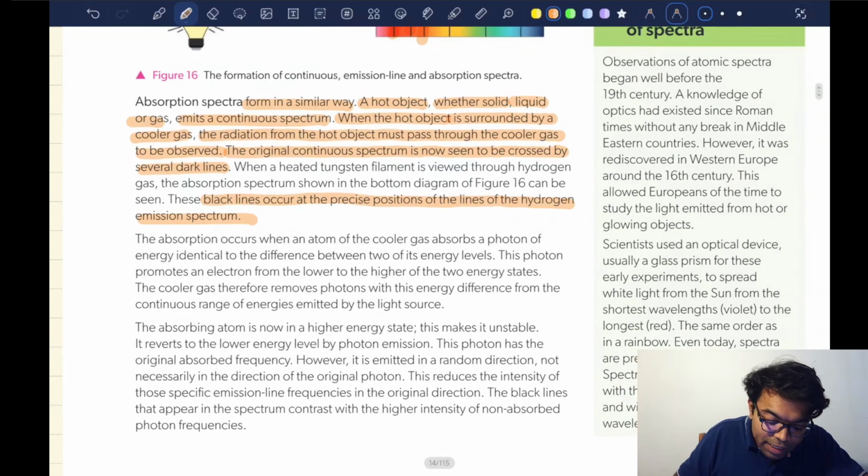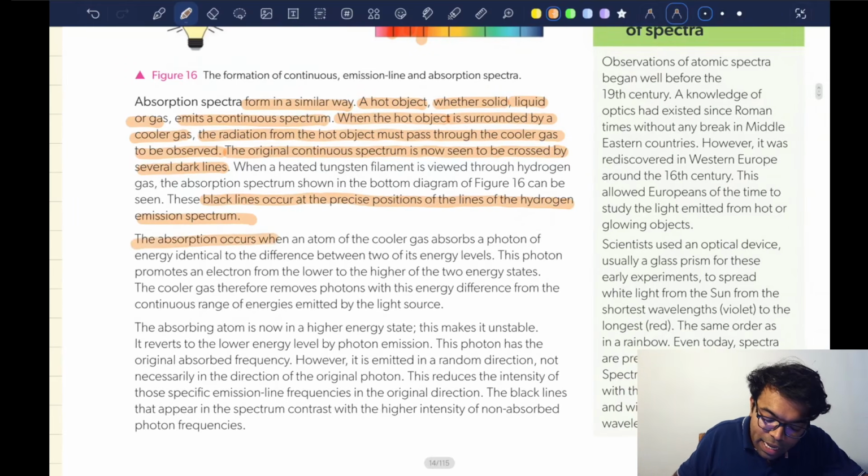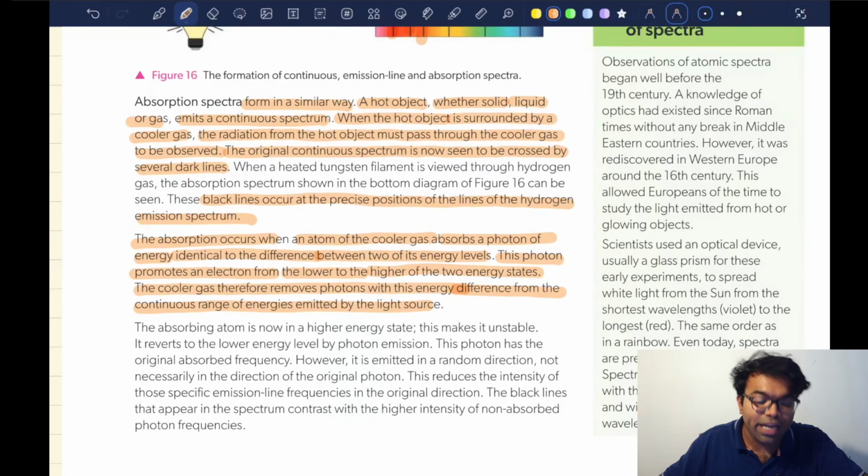Now, the absorption occurs when an atom of a cooler gas absorbs a photon of energy identical to the difference between two of its energy levels. This photon promotes an electron from the lower to a higher energy level state. The cooler gas therefore removes photons with this energy difference from the continuous range of energies emitted by the light source.